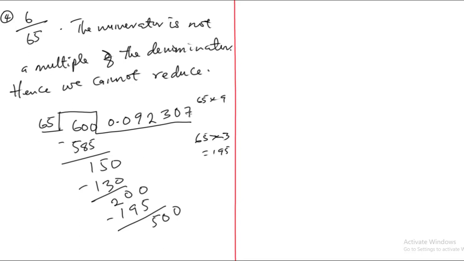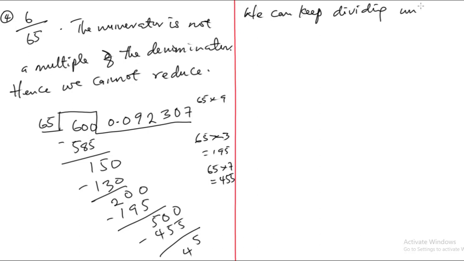And when we divide, we have 7. 65 times 7 will give us 455. When we subtract, we have 45. So we can keep dividing until we reach the desired decimal places.